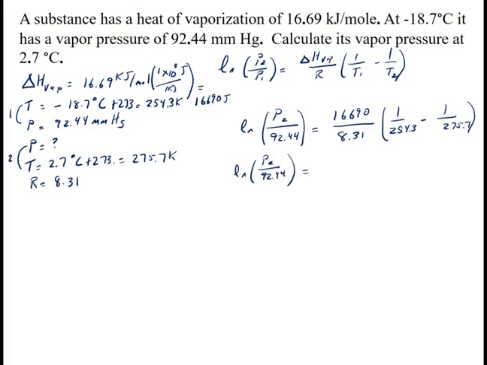When I divide 16,690 by 8.31, I get 2008.42. Now, I do this as one mathematical operation.